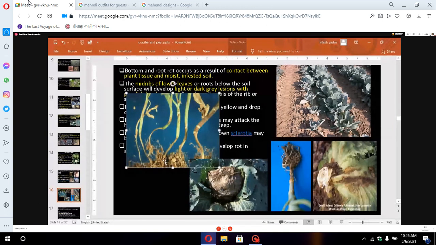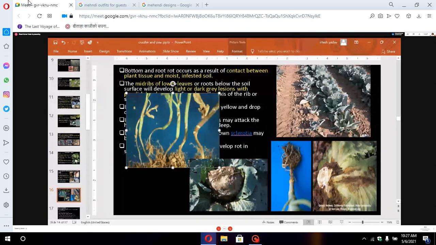So this is a case of damping off. You can see some kind of reddish or brown discoloration at the collar region. The infection may proceed to the root and they assume a ropey appearance. They are uneven, constricted in some places and thicker in others.